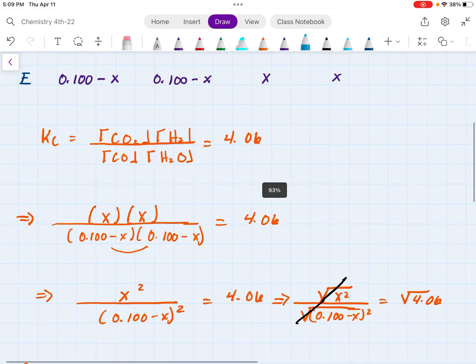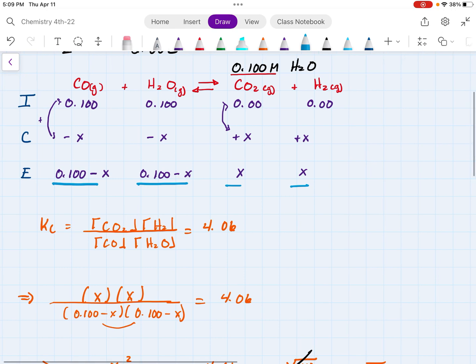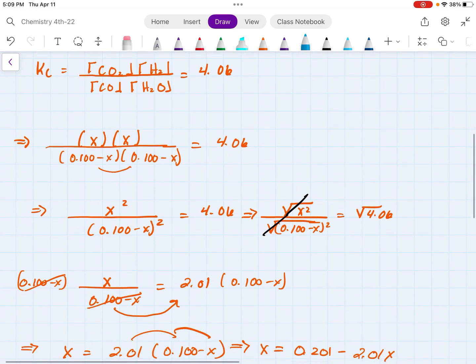Okay, so let's recap. We set up our ICE concentrations, and we ended up here at equilibrium. We set up our mass action equation, and we figured out that it's equal to K, the equilibrium constant.